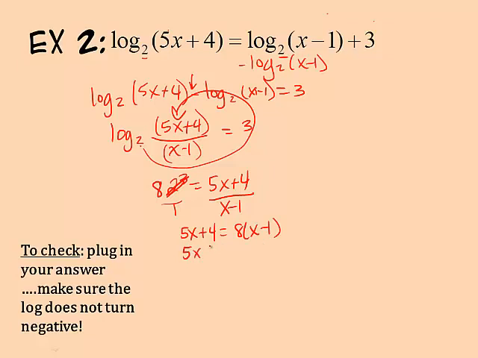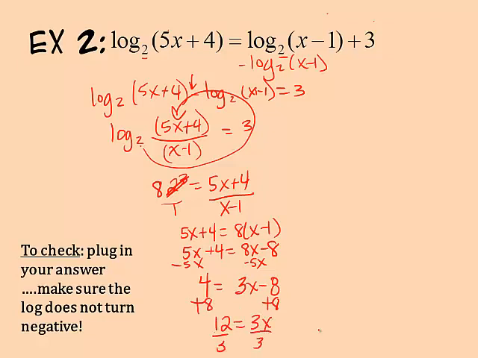Distribute out my 8. And I'm going to solve it for x. I'm going to subtract 5x from both sides. So when I subtract it, I get 4 equals 3x minus 8. If I add 8 to both sides, I get 12 equals 3x. Divide by 3, x equals 4.